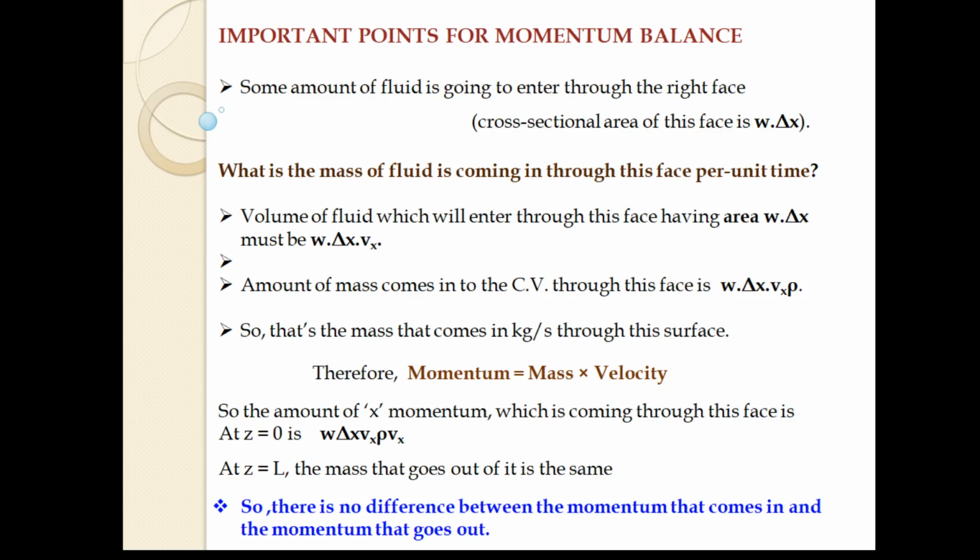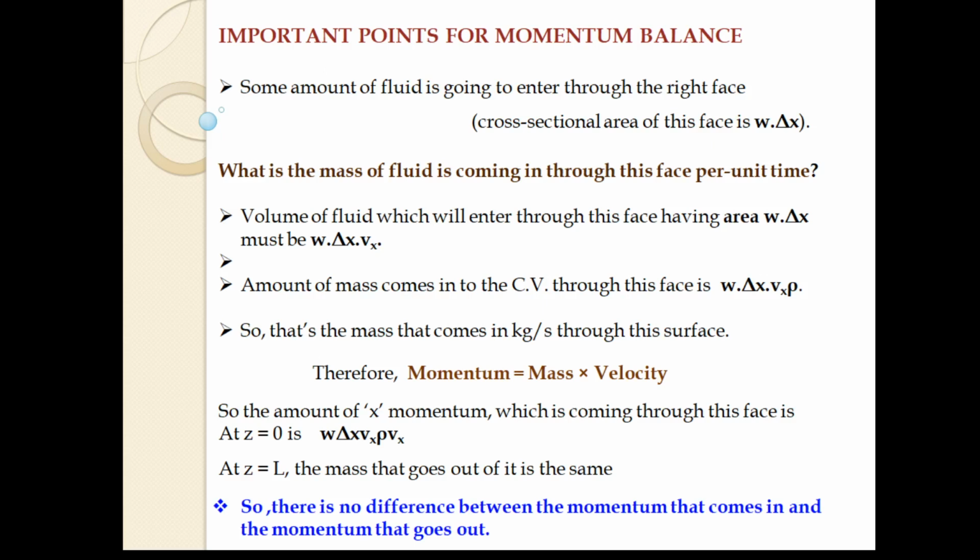We can get the momentum by multiplying the mass with velocity. So at z equals 0, the momentum will be W del X Vx rho Vx, and at z equals L, the same amount of mass is going out from that control volume.